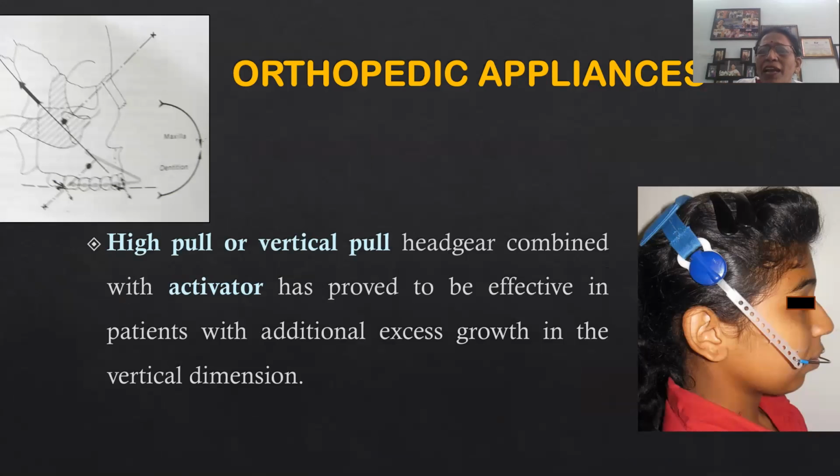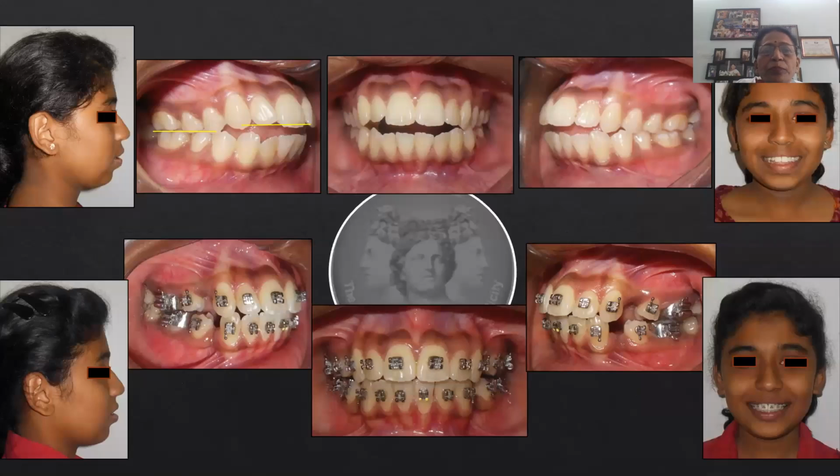Even orthopedic appliances work well. The headgear, the high pull headgear, the vertical pull headgear, properly has to be planned, the force direction to be planned according to the palatal plane inclination, where you get the intrusion of the molars as well as distalization. So this was a case with us, a 13-year-old female, and she had two occlusal planes.